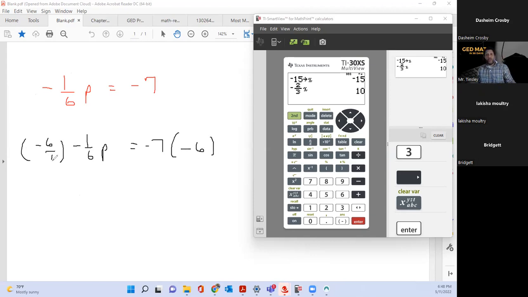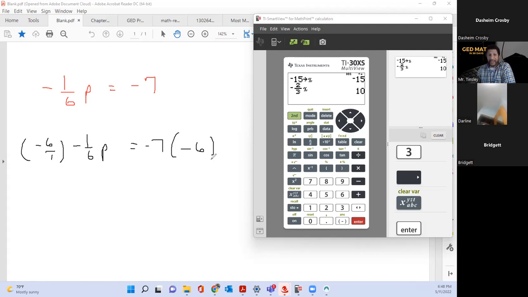Now let me ask you a question. Why did I put -6 over 1 over here, but on the right side I only put -6? Why not do the same thing? Are they the same thing? I am multiplying, but is -6 over 1 the same as multiplying by -6?